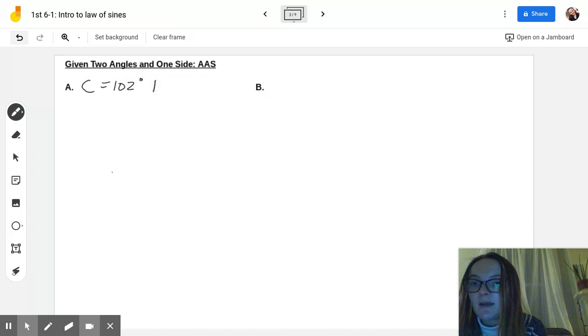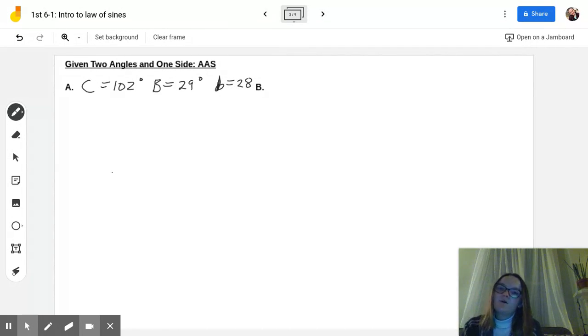We're going to say that my angle B is equal to 29 degrees, and we'll also say that side B is equal to 28. So what I want to do is I want to solve for the entire triangle. This is going to be the bread and butter of what we do for the next couple of weeks. So the first thing we're going to do, I'm just going to draw a triangle.